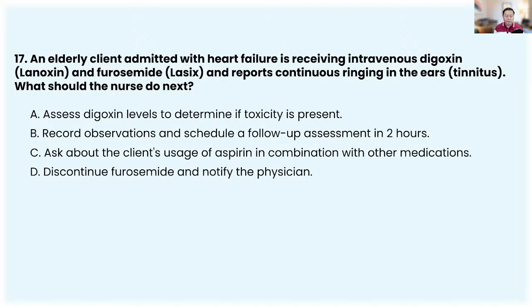B, record observations and schedule a follow-up assessment in 2 hours? C, ask about the client's usage of aspirin in combination with other medications? Or D, discontinue furosemide and notify the physician?